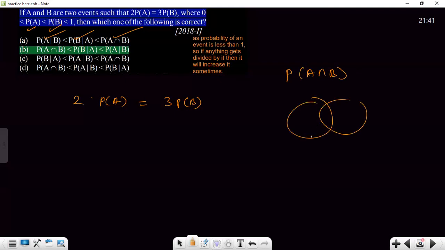When we draw Venn diagrams, A intersection B is comparatively less than the probability of A or the probability of B. So that is one understanding we are sure about: the probability of A intersection B will definitely be less than A and also less than B. Now, if that is the case, then option A is ruled out, option C is ruled out. Now let's discuss the remaining options, B and D.